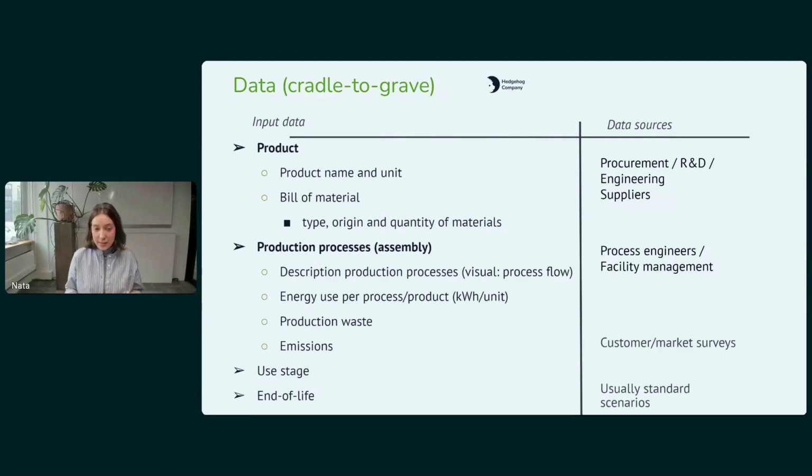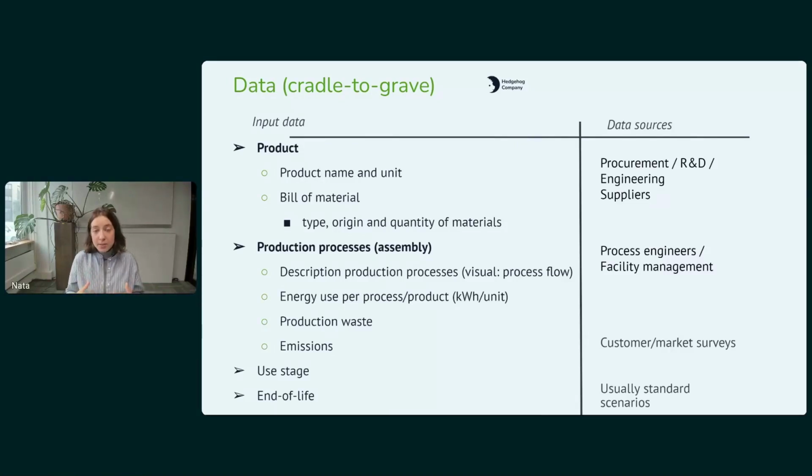So where do you get this data? Usually, you as the client will know where to get the data on the production inputs and raw materials and energy, etc. Here's a list of possible data sources for the data that we require. When it comes to the product and bill of materials, the origin of the materials, the product name, etc., that information is usually provided by departments such as research and development or procurement.